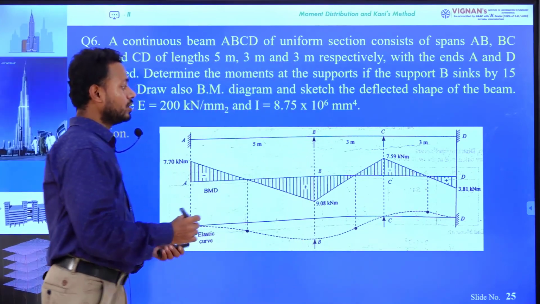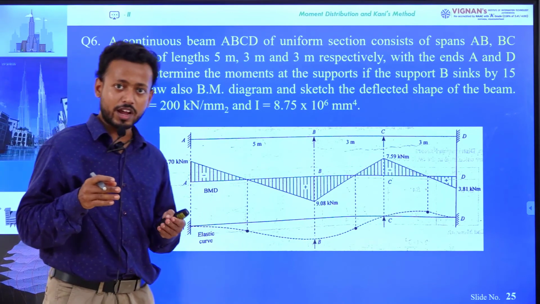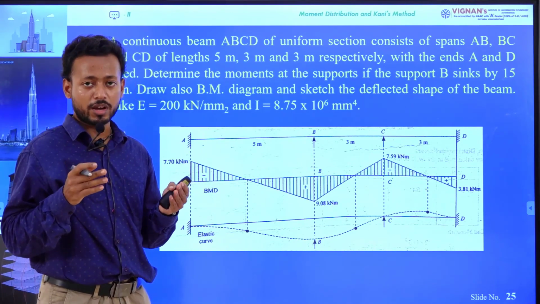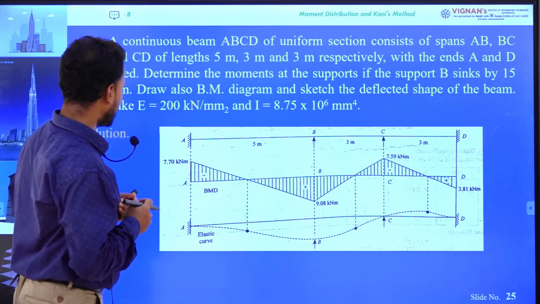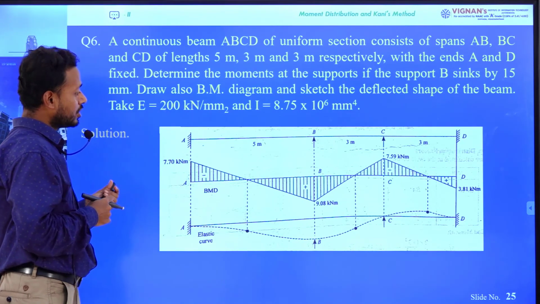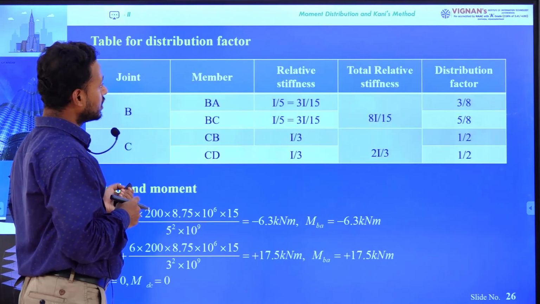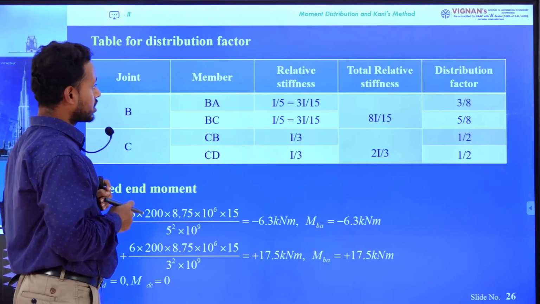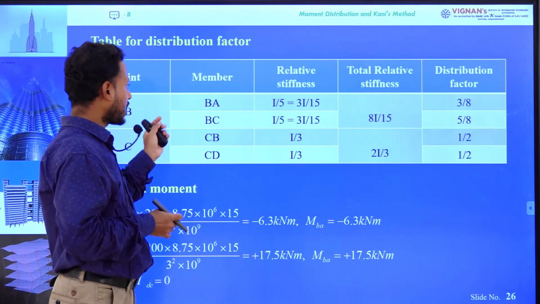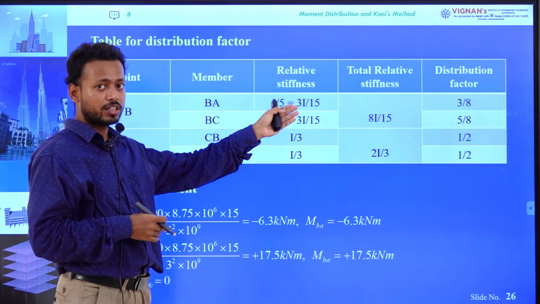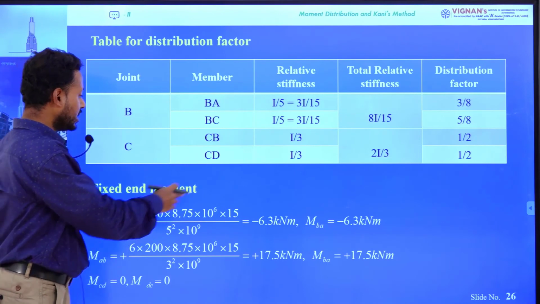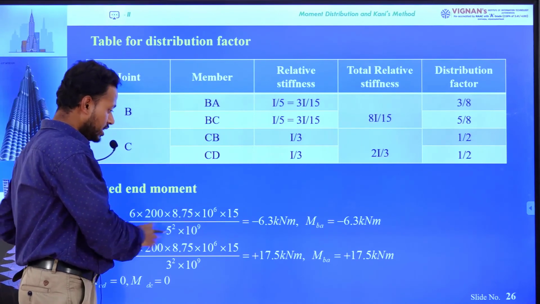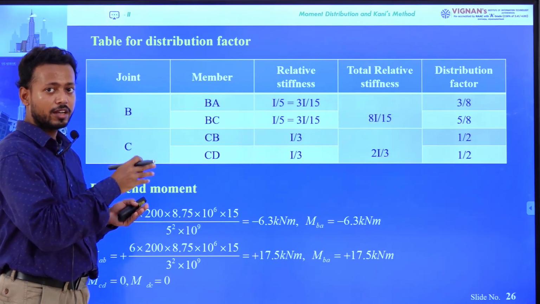So we have drawn the bending moment diagram and the deflected pattern of the beam due to the sinking of the support. First we calculated the distribution factor according to the span. Then we calculated the fixed end moments MAB, MBA, MBC, MCB, MCD and MDC.